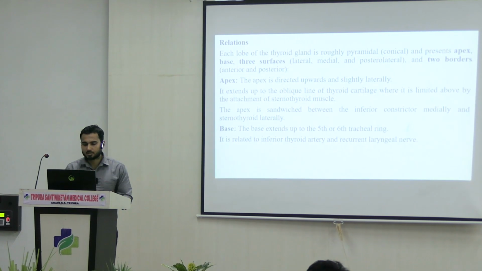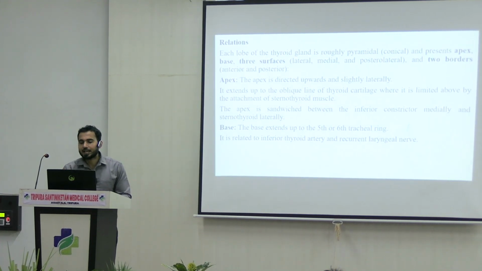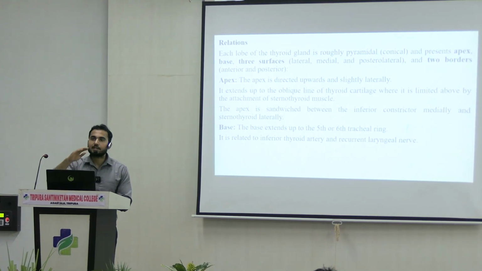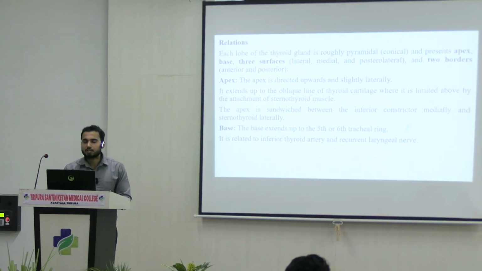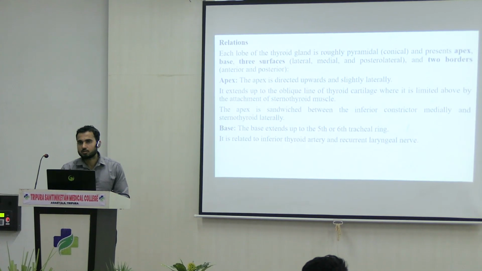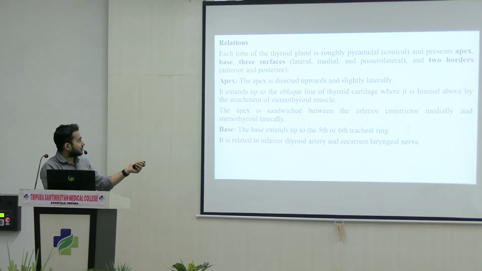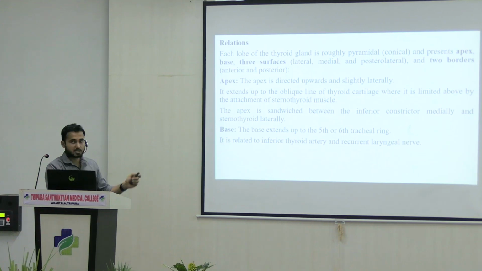Now if you see the extent, it is extending up to the oblique line of the thyroid cartilage, where the extent is limited by the attachment of the sternothyroid muscle. See, the oblique line of the thyroid cartilage. This is the extent, and it is limited above by the attachment of the sternothyroid muscle.